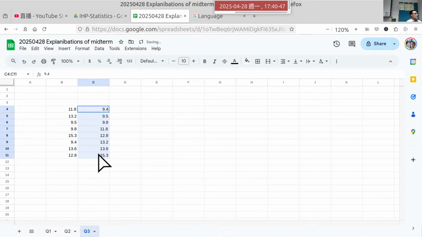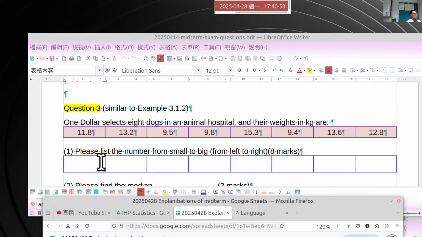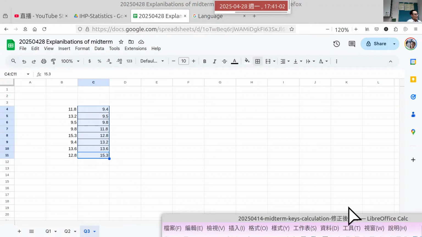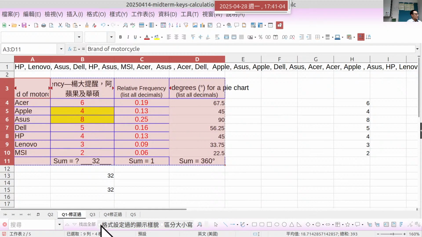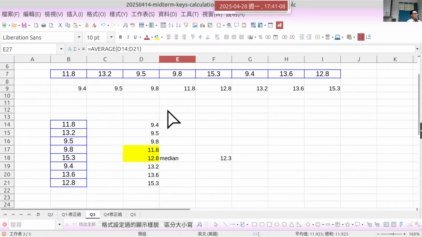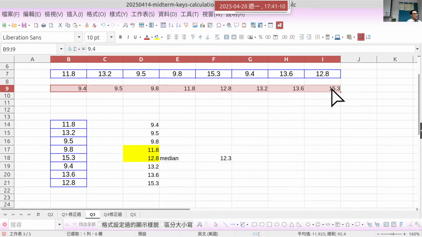Okay, and now here is the data from small to big. For the question, please list the numbers from small to big. That is 9.4, 9.5, like this. And the answer looks like this. Okay, and next.